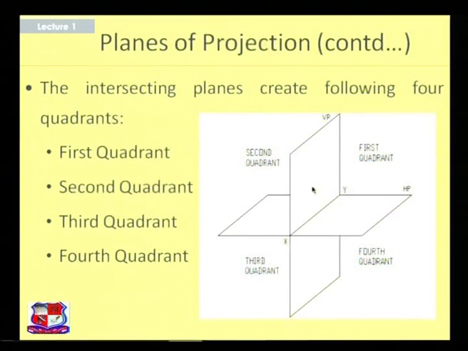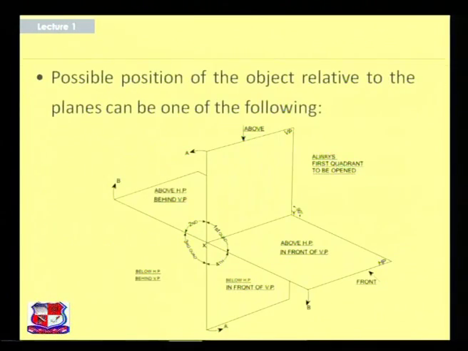So all the quadrants are most important, which we will see in detail in the further slides. Okay, now the possible positions of the object relative to the planes of projection. This figure is the basis for the orthographic projection. If we study this figure in detail, then the orthographic projection will become very easy.